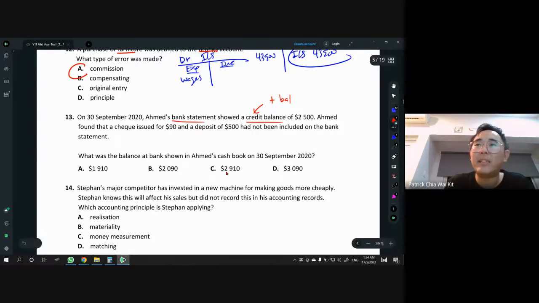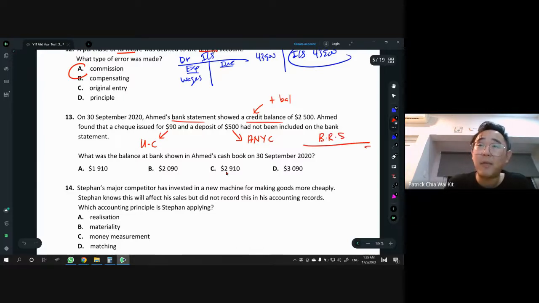So unpresented check is the check that we pay someone, right? Check issued. So 90 is unpresented check. I call it UC. 500 is ANYC, amount not yet credited. Right? Deposit means we receive lah. Deposit is we get, but hasn't appeared in the bank statement yet. So like this, what we can do now is do the bank reconciliation formula. So bank reconciliation statement.